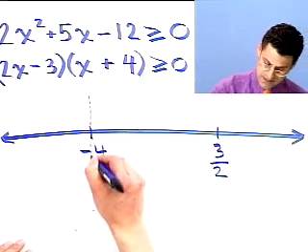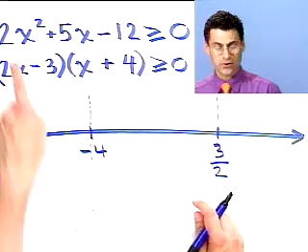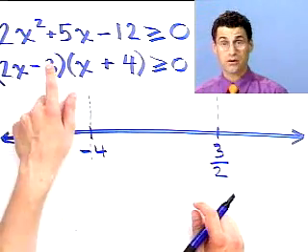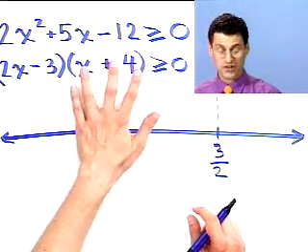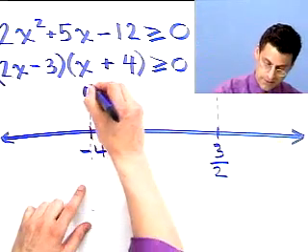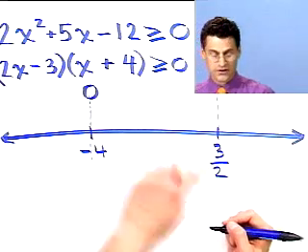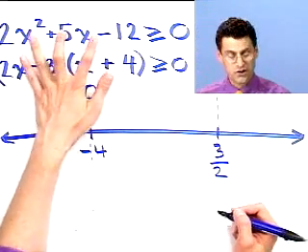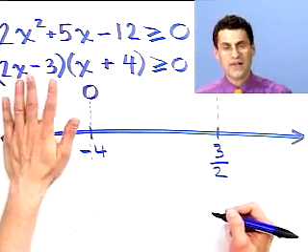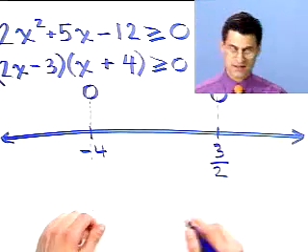If I put little lines here like this, I know that if I plug in minus 4 into here, that's going to give me 0. And why? Because this term is 0, and 0 times anything will be 0. So I know that this thing is 0 here. And what about if I plug in 3 over 2 into this? Well, I know that's going to be 0 too, because now this term will be 0, and that term multiplied by anything will still be 0. So in fact, here I know this thing is 0.